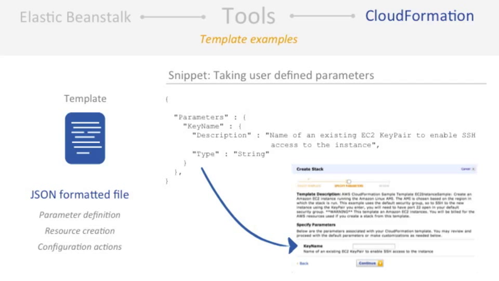Now when you create a stack in the AWS console, you'll see that parameter, my first point of the wizard that you'll see in CloudFormation, has my key name and my description and is asking for user input. So in this case it's asking for my EC2 key pair that I want to use to seed all the instances that might be created behind this stack. So you can take user input and you can use those parameters then in any other part of the script.